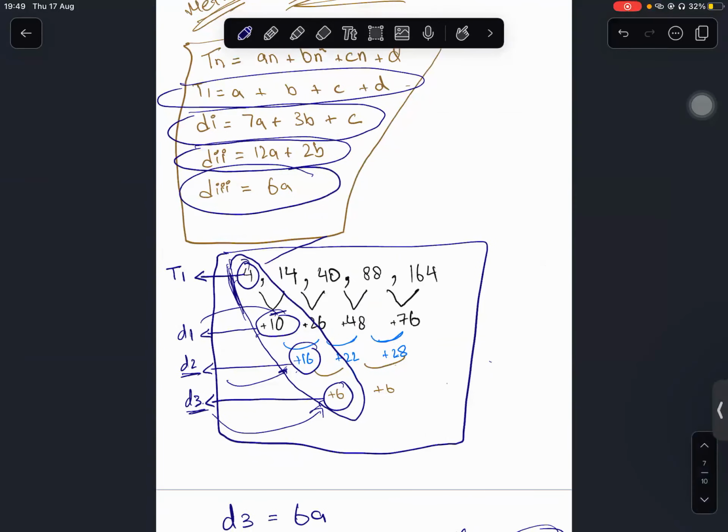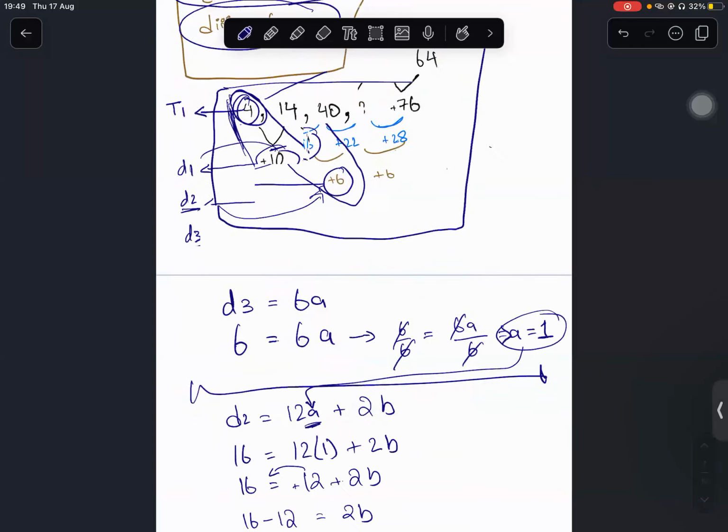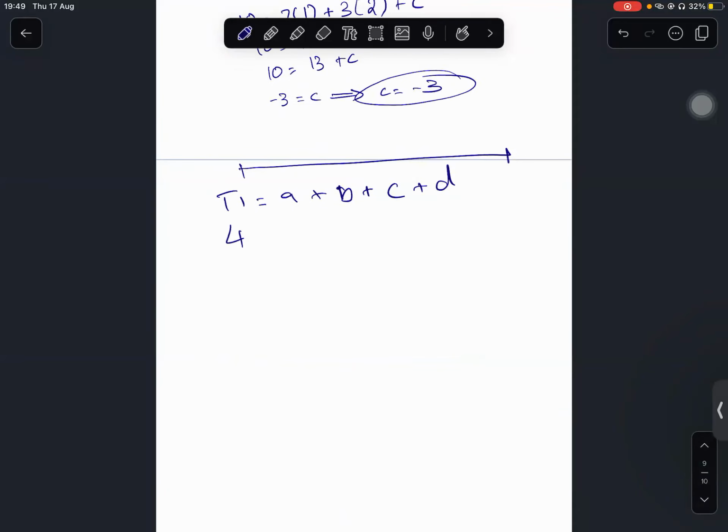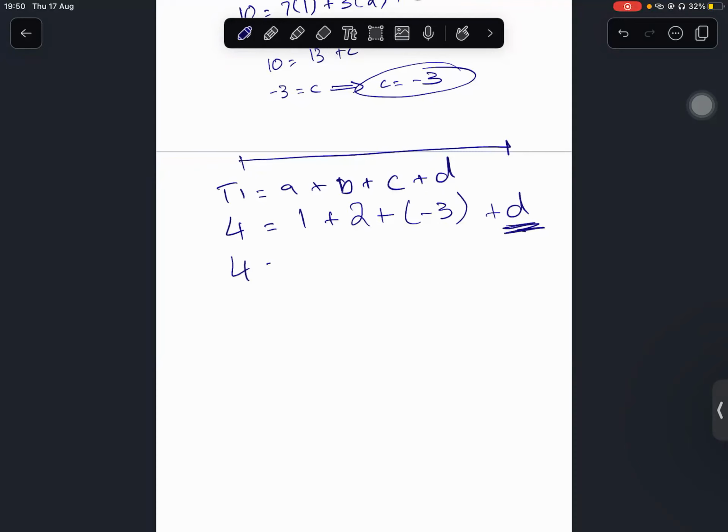This was T1, which is 4. We'll write 4 here. Then A was 1, B was 2, C was minus 3, plus D. We're trying to find the value of D from this equation. So 4 is equal to 1 plus 2, which is 3. This plus and minus is multiplied to become minus. 3 minus 3 plus D. 3 minus 3 is 0. So 4 is equal to 0 plus D, which means that D is equal to 4.